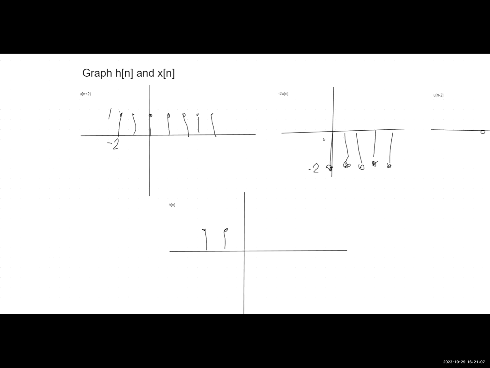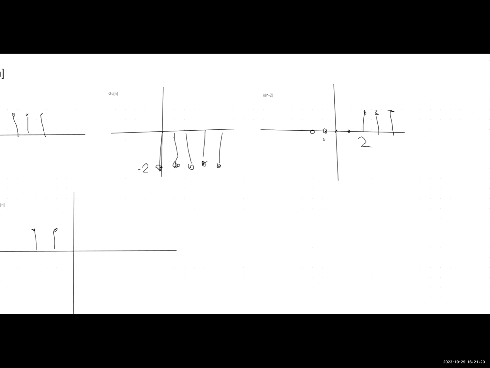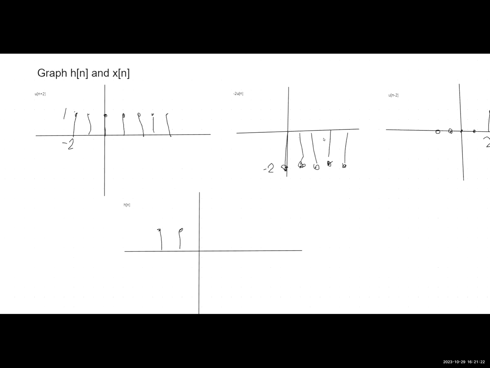Now at n equals 0, stuff starts to change. At n equals 0, you would have 1 plus -2 plus 0, which would give you -1. So at n equals 0, you have a value of -1. It would be the same for n equals -1. Sorry, n equals +1.